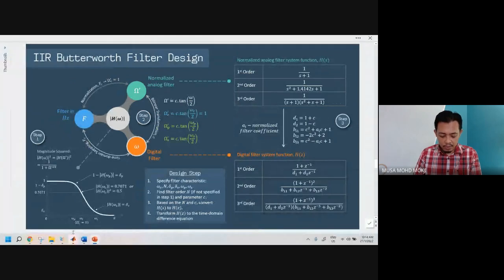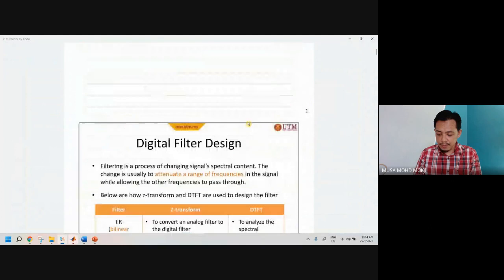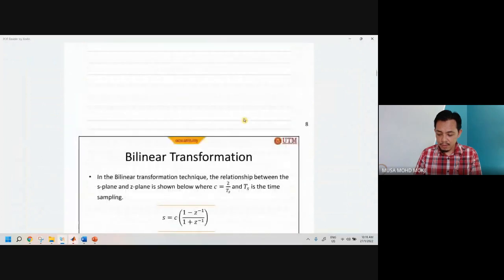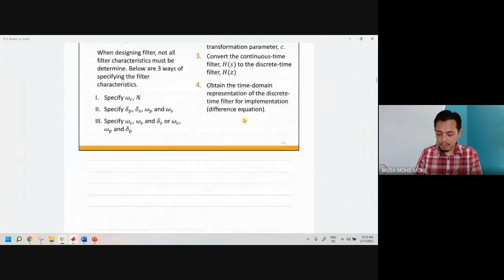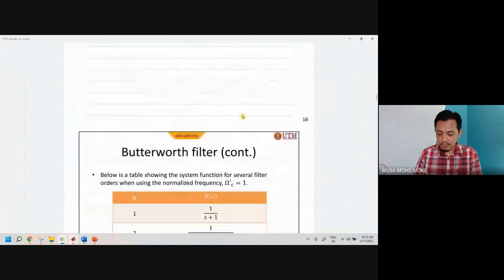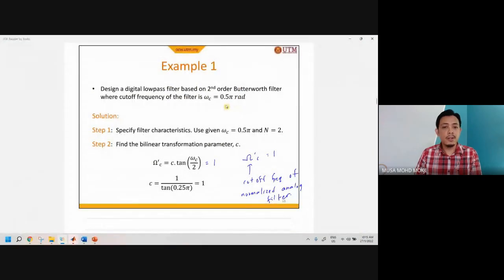All right, let's go to our example. We have seen example 1 last Tuesday. Let's see what example 1 is. It's quite straightforward: design a second order Butterworth filter.